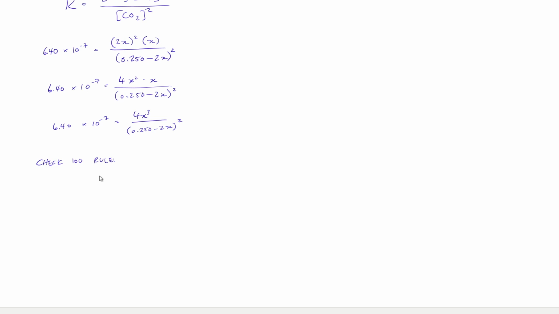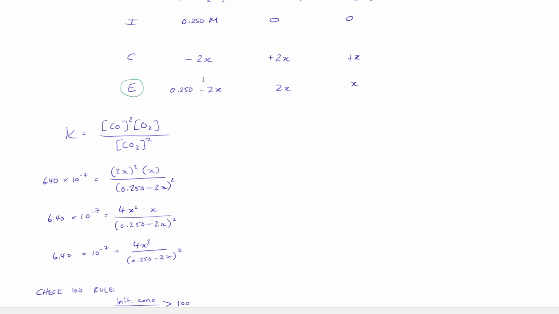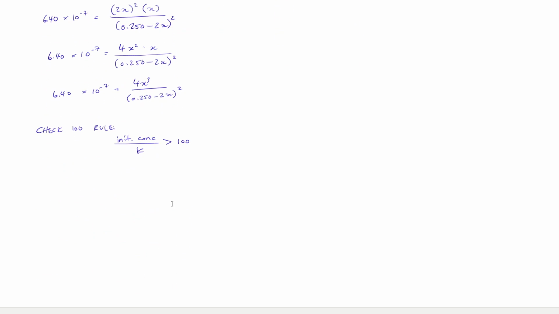I'll rewrite it over here so you have it in your notes. It is initial concentration all over the K value needs to be greater than 100. My initial concentration in the question for carbon dioxide was 0.250 molar, and my K value is 6.4 times 10 to the negative 7.